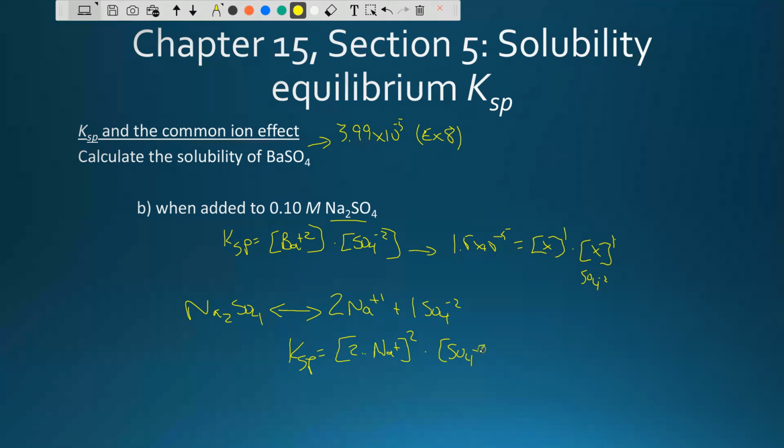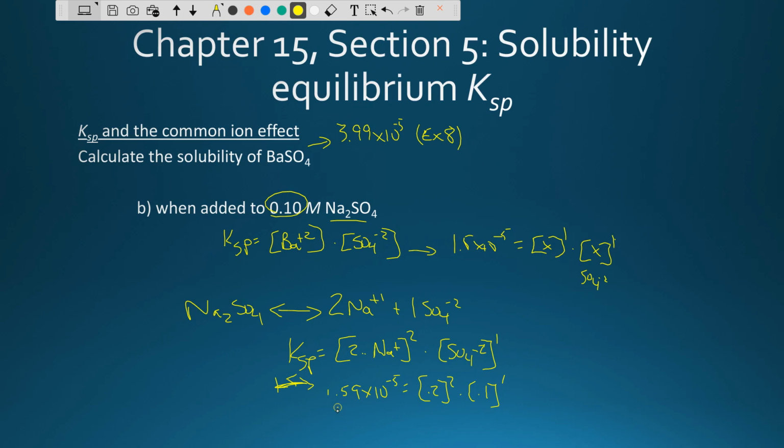And I only had 1 of those. Now I take a look at that value: 2 times 0.1, so that's 0.2 squared times my 0.1, and that's to the first power.